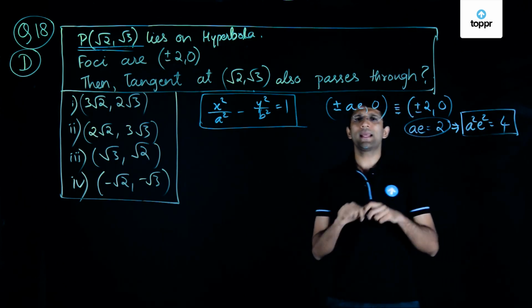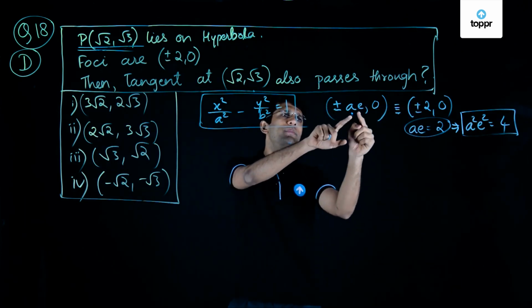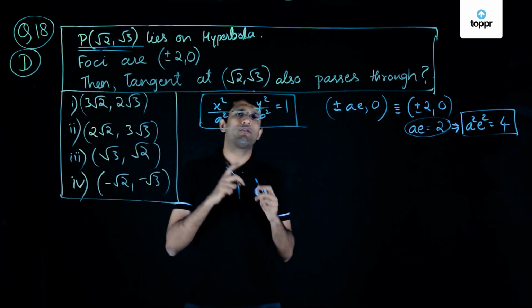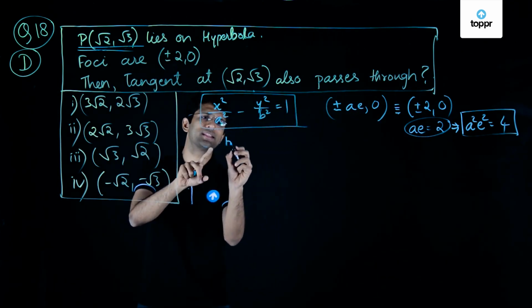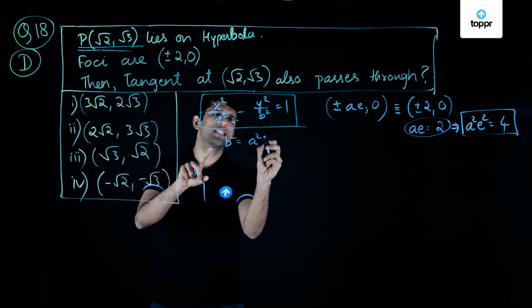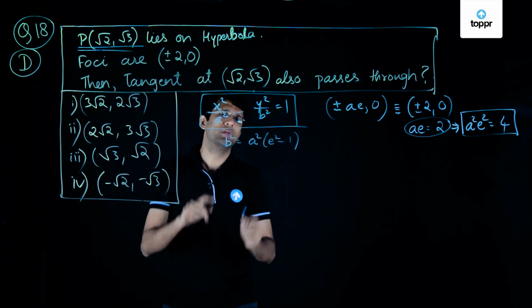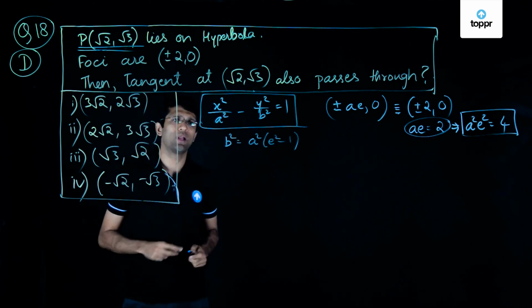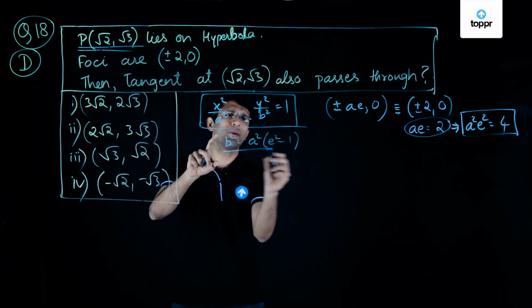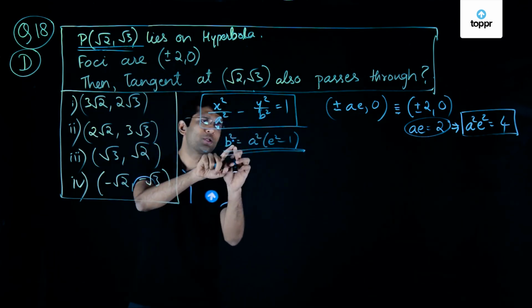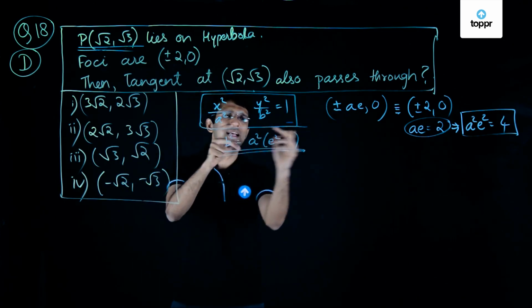Well, the next thing you note is the relation between A, B and the eccentricity E. For a hyperbola, the relation is B square is equal to A square into E square minus 1. When you're talking of such a standard hyperbola, the equation involving B square, A square and its eccentricity is as shown.